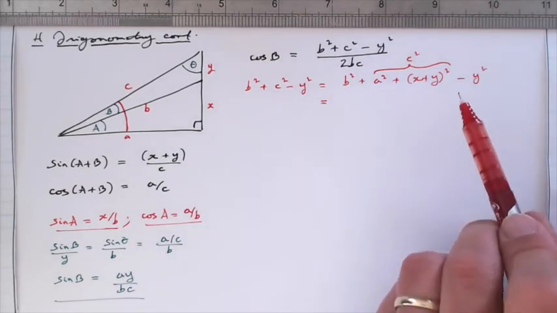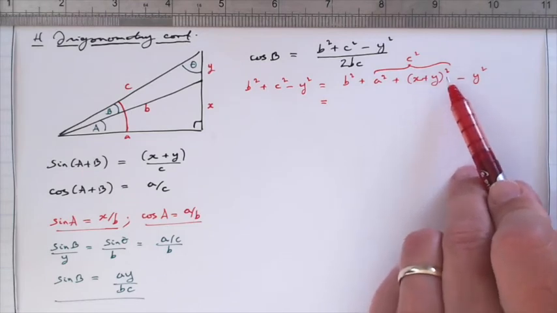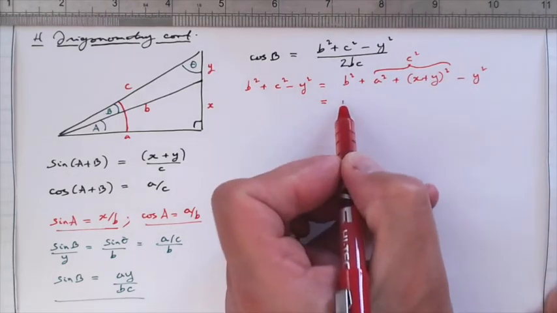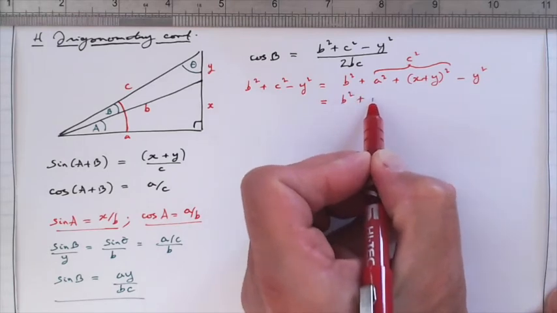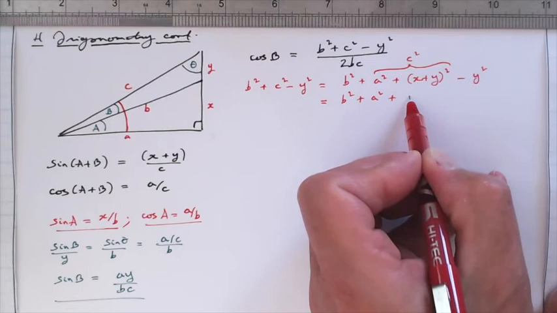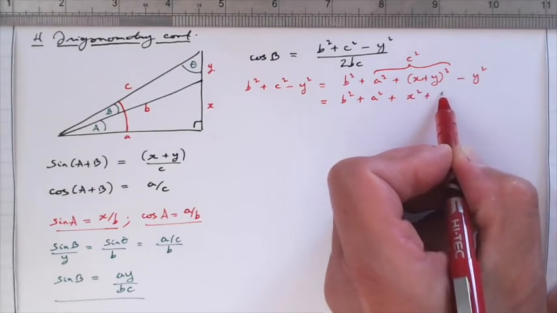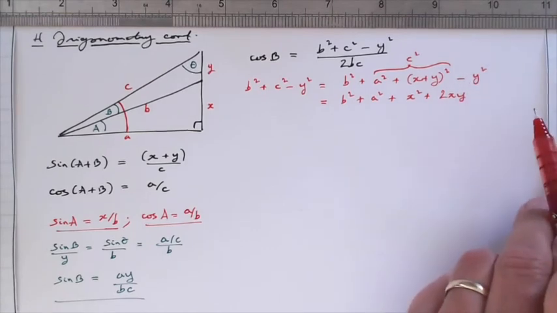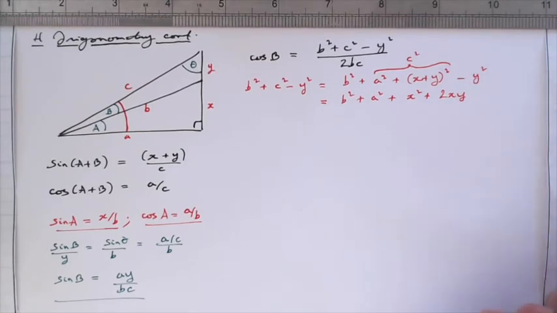And you see this is quite nice. That y squared from expanding this will cancel that. So I'm going to have b squared plus a squared. And then I'm expanding out this square. I have x squared plus 2xy, and then plus y squared, take away y squared. Great, that's good.